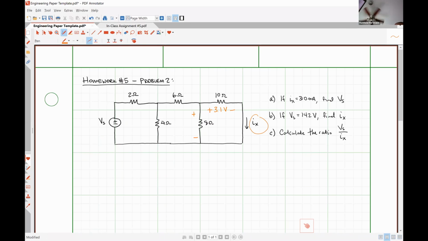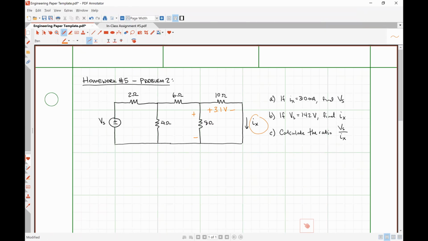What's the voltage drop over the 8 ohm resistor then? Any ideas? Would it also be 3.1? You're correct, but I would like for you to explain why that's the case.